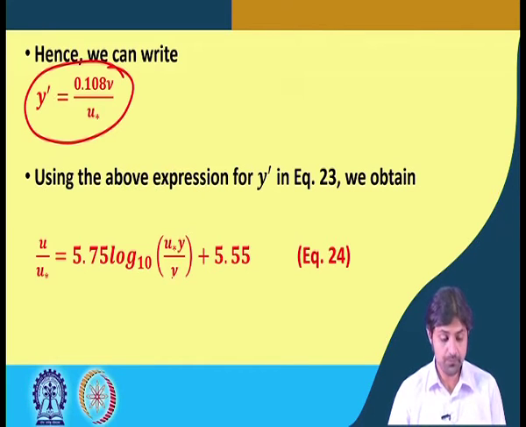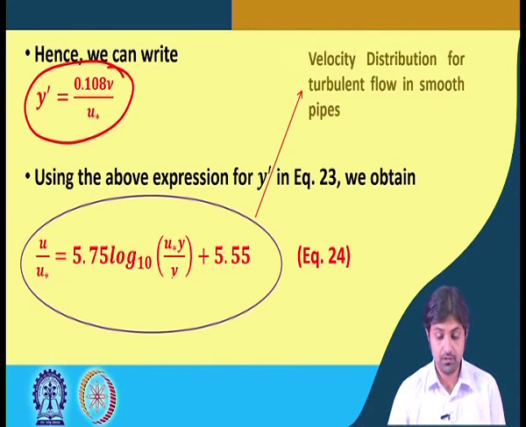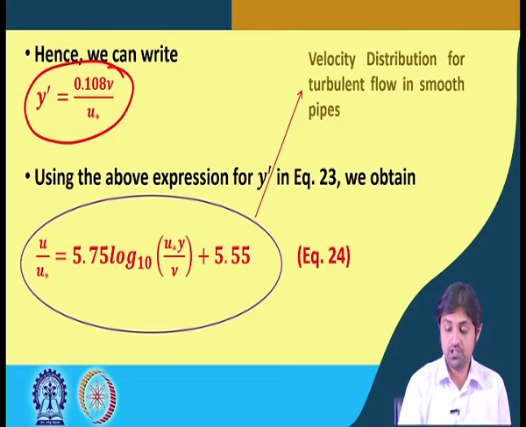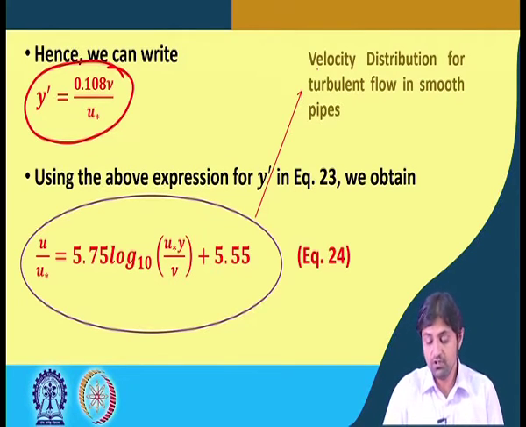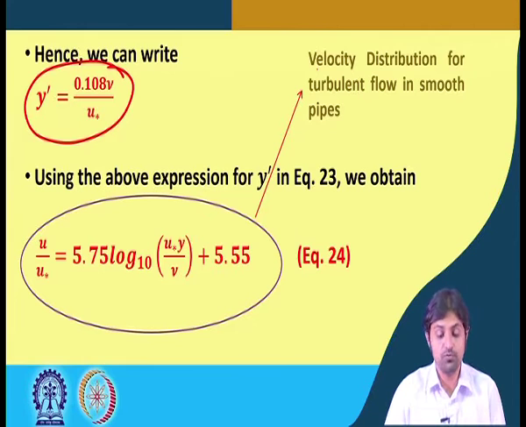Very simple. As you see, this is the velocity distribution for turbulent flow in a smooth pipe, where there is no irregularity.